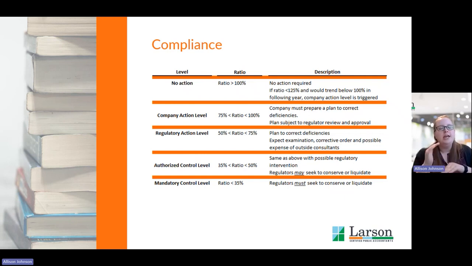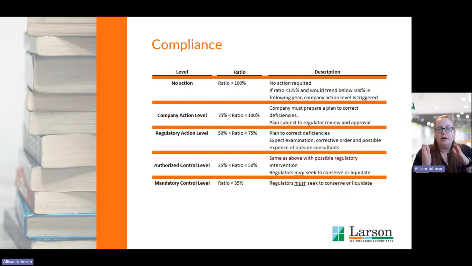So if you're between 75 and 100% of RBC, you're expected to have a plan to correct those deficiencies. And note that that plan is subject to the regulator's review and approval. So this is where regulators start to get a little concerned, and so they want to see how you're going to right the ship.